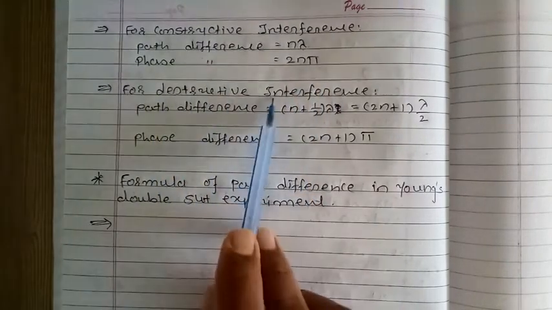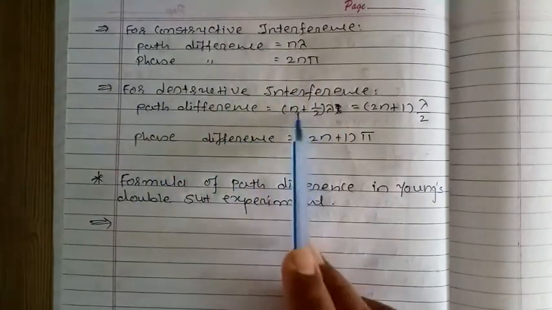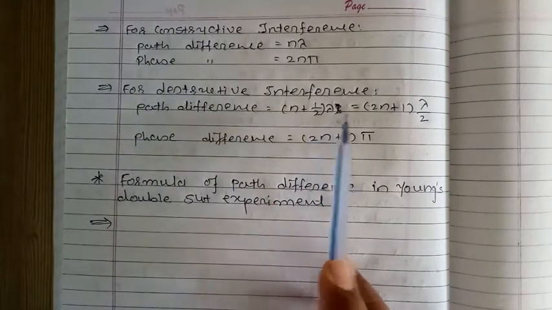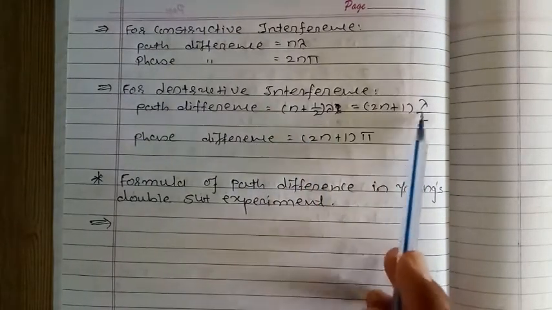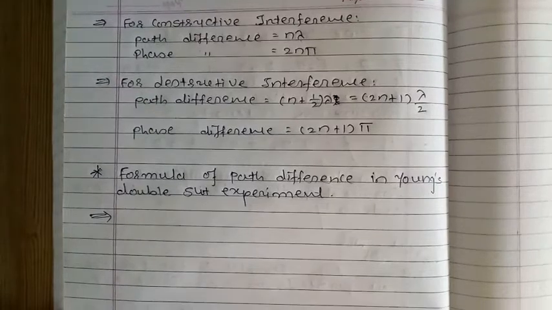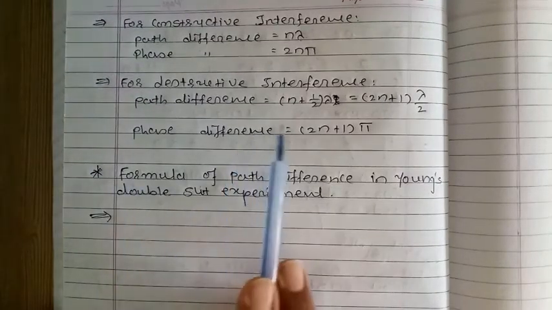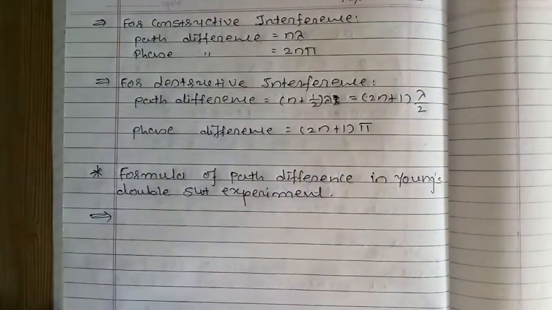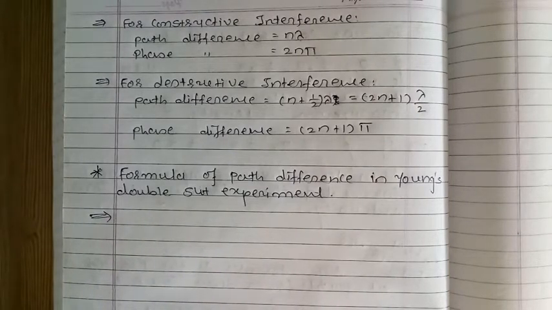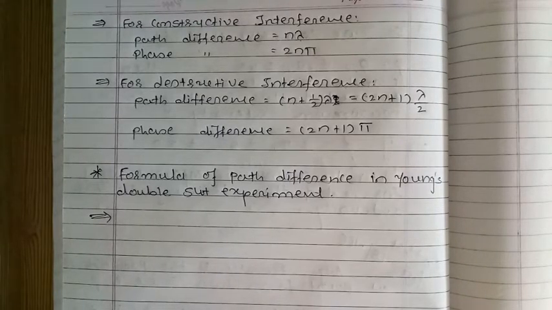For destructive interference the path difference is (n plus 1/2) into lambda, or (2n plus 1) into lambda by 2. The phase difference is (2n plus 1) into pi. So friends, you have to remember the path difference and phase difference for constructive and destructive interference, right?